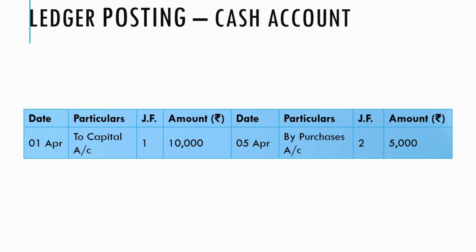So purchases account will be credited in the cash account, journal folio, amount 5,000. So this is a very fair and clear view of your cash account, the posting of journal entries to the cash account. I hope this is clear to you.